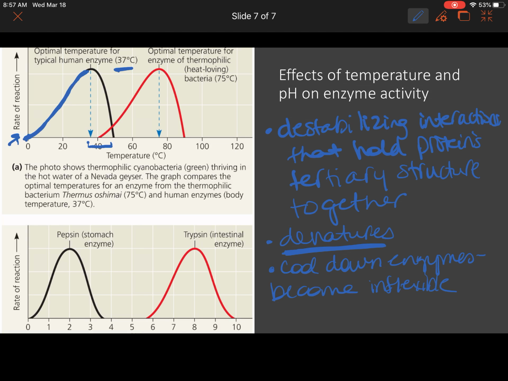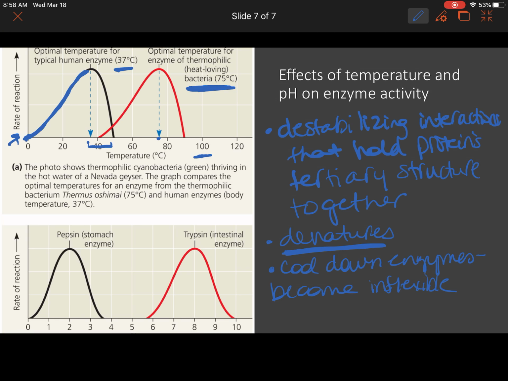Okay? Now, if you look at this red line, here we have a thermophilic bacteria, a heat-loving bacteria that has an optimum temperature of 75 degrees Celsius. Put that in your cell phone temperature converter. 75 degrees Celsius is really hot, right? Boiling for Celsius is 100, boiling for Fahrenheit is 212, so you kind of get the idea.